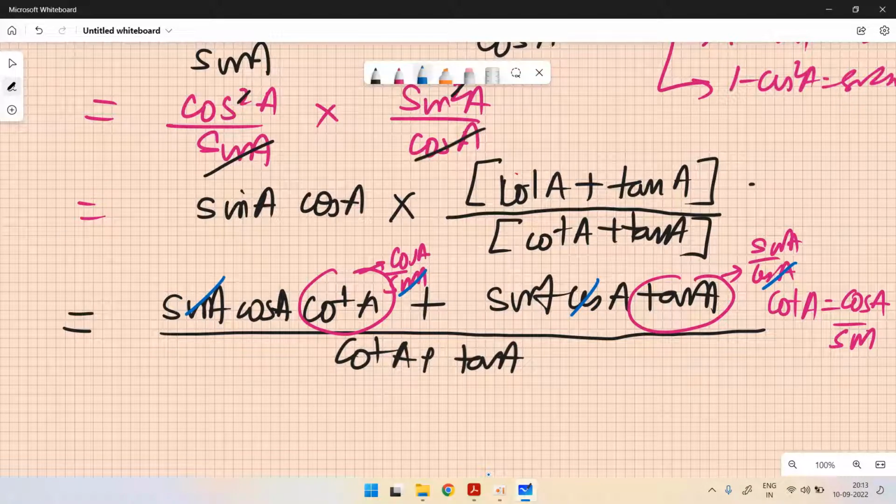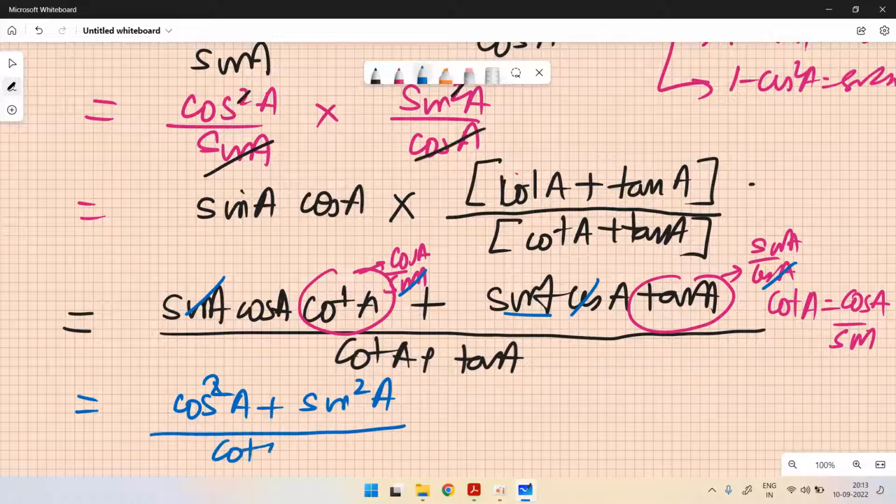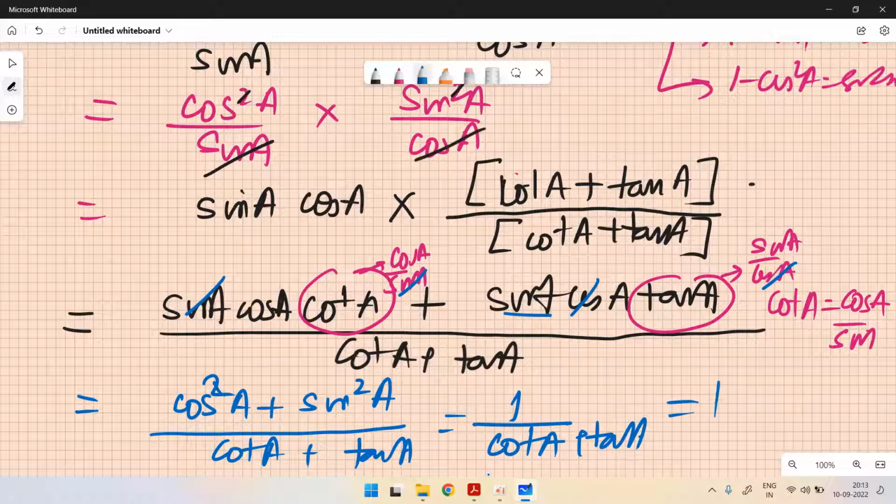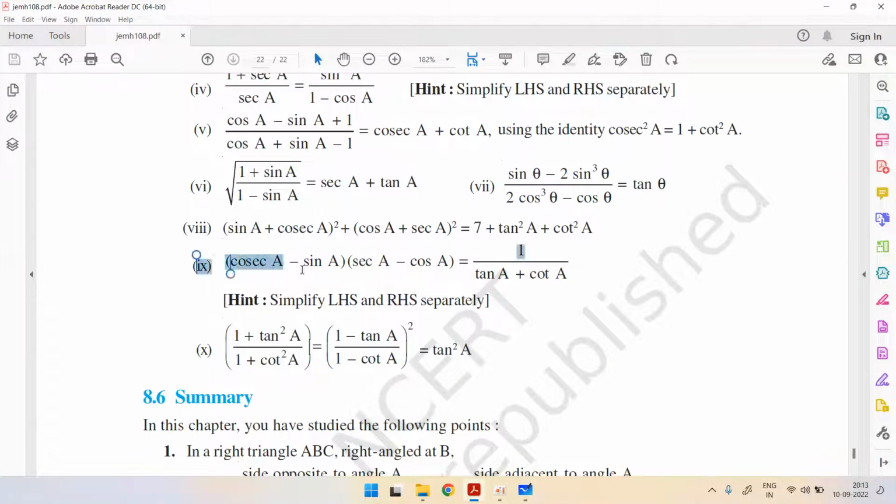This is cos A into cos A, which is cos square A, plus sine A into sine A, which is sine square A, by cot A plus tan A. And you know that cos square plus sine square is 1. So this is 1 by cot A plus tan A, which is equal to RHS. Since LHS equals RHS, hence proved. So I have solved this ninth also.